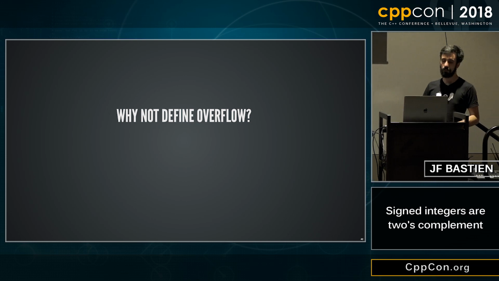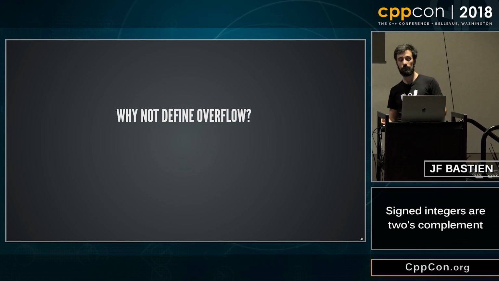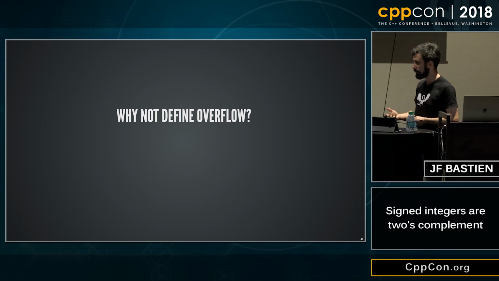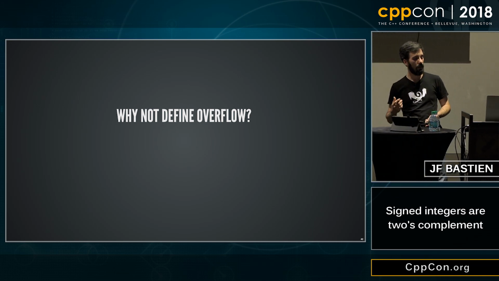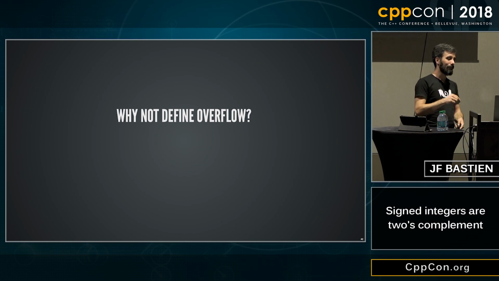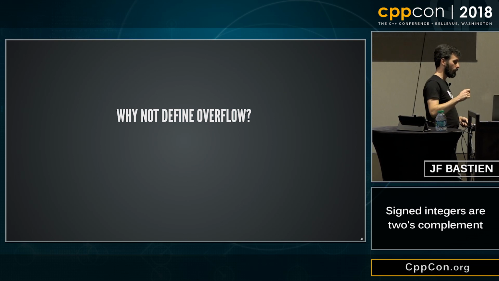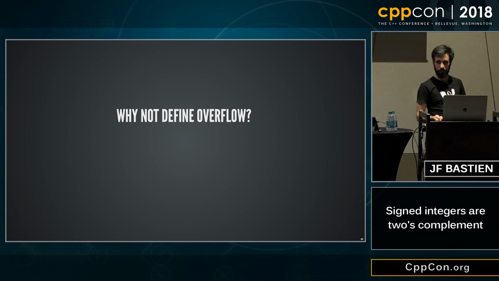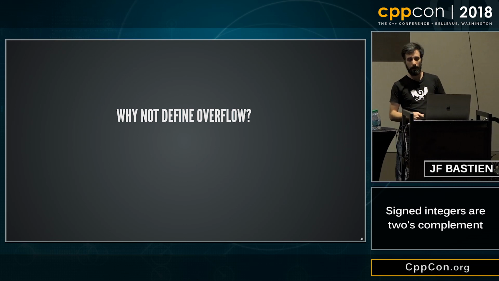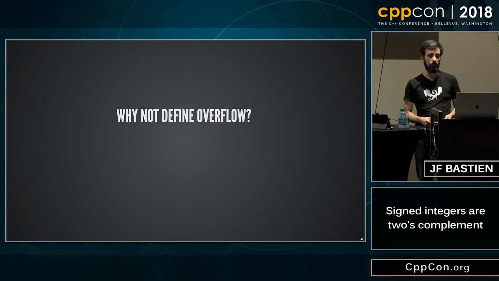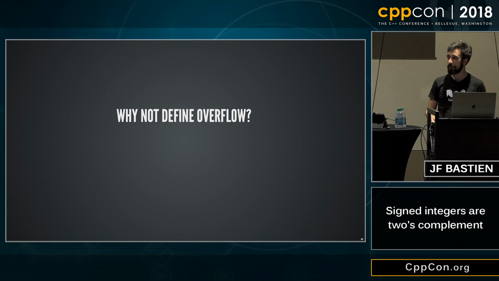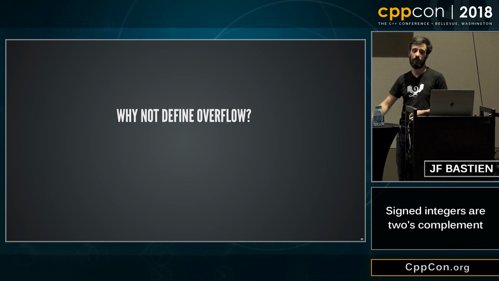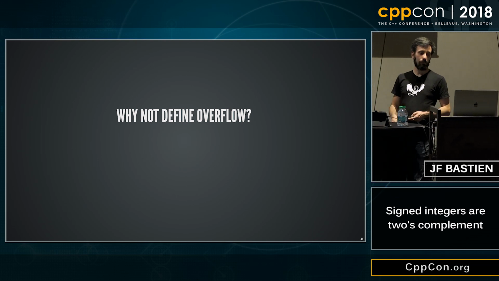And wrapping wouldn't actually fix anything, neither would trapping. We can argue whether 90% of overflows are bugs or not, whether it's 50% or even 20%. But if C++ comes in and defines the arithmetic of signed overflow and says it wraps, it's probably not fixing anything. None of those games would work any better if we had done the wrapping behavior. In fact, a lot of them were written in assembly and they had wrapping behavior, yet they still had the bug. So why not define the overflow?